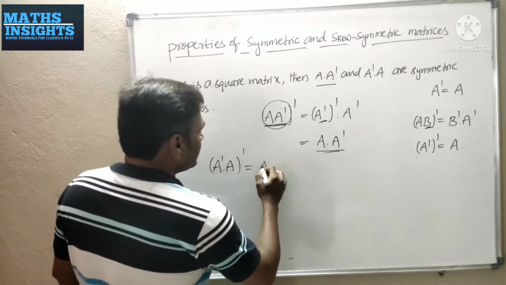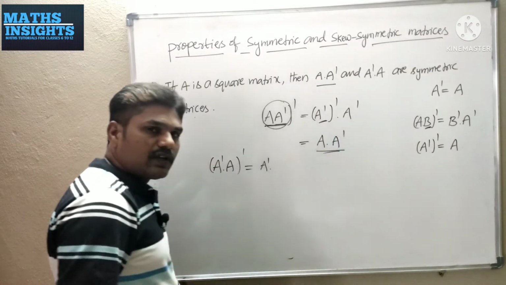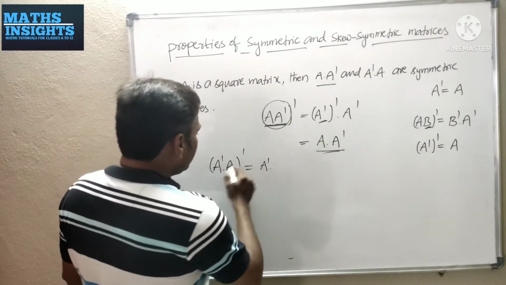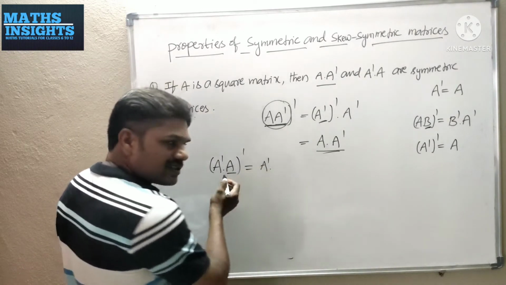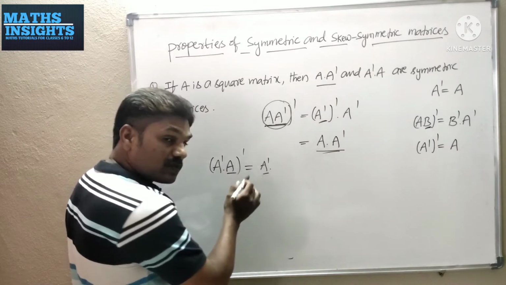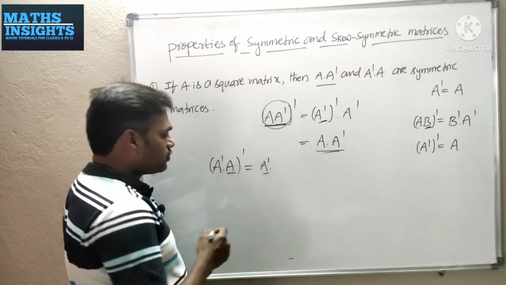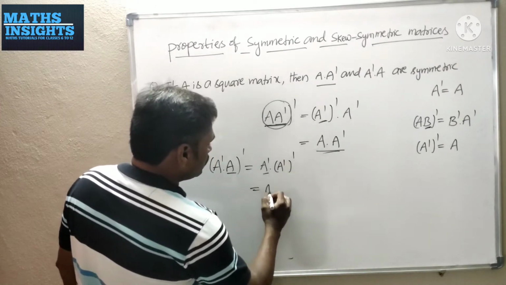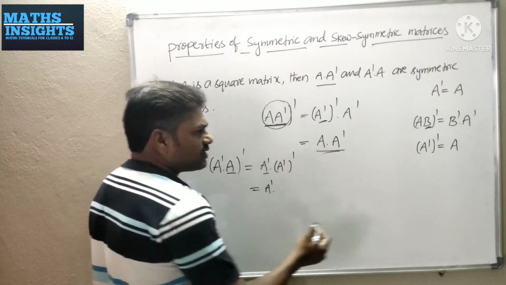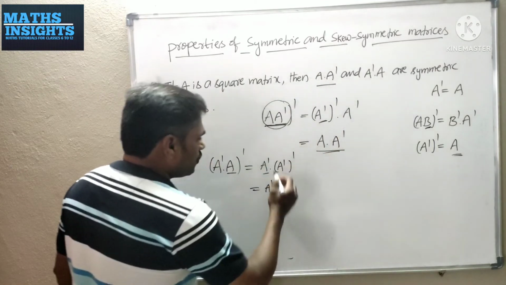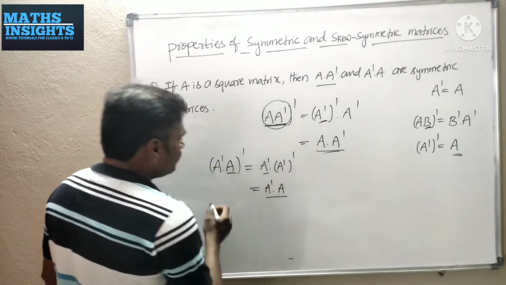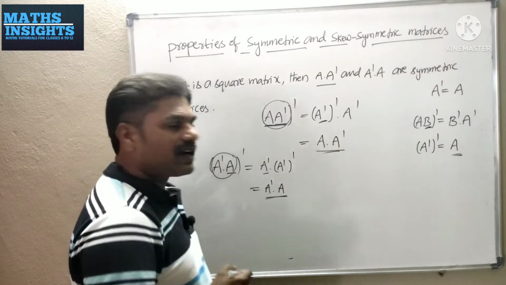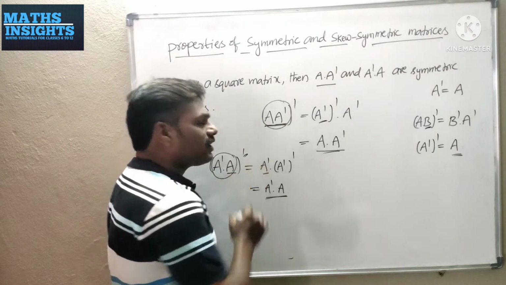Therefore, as per AB whole dash is equal to B dash into A dash, we get A dash into A dash whole dash. That means whatever matrix is in the second place comes in the first place with a transpose. Again A dash whole dash is A. Therefore, whatever matrix you have taken, you are getting the same matrix again on taking the transpose.